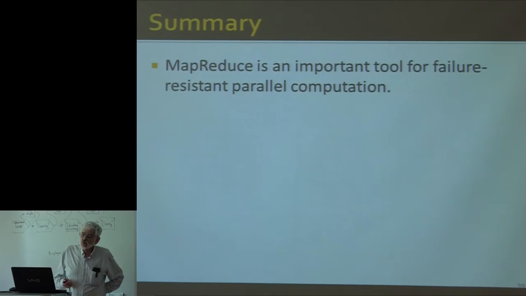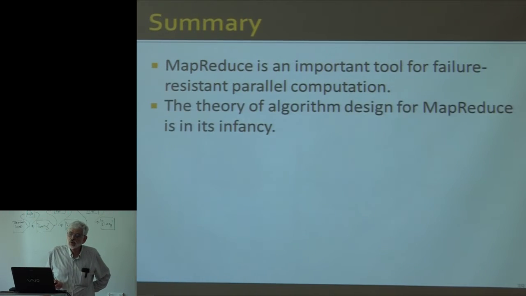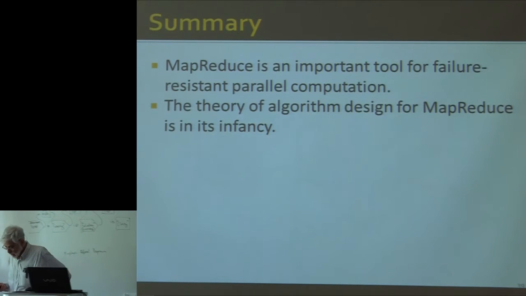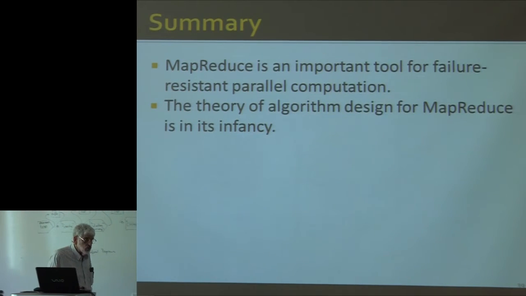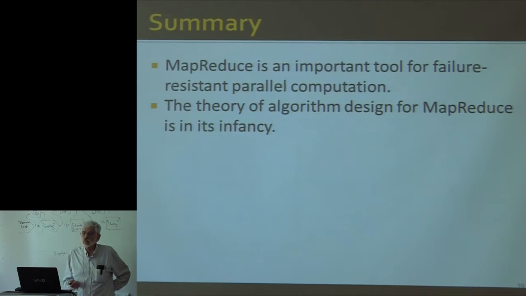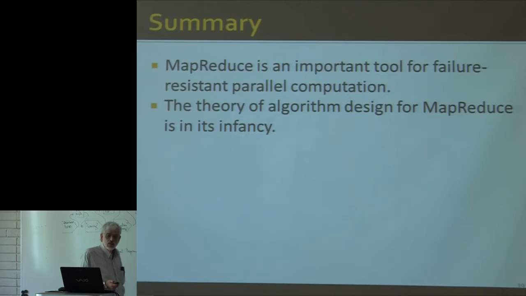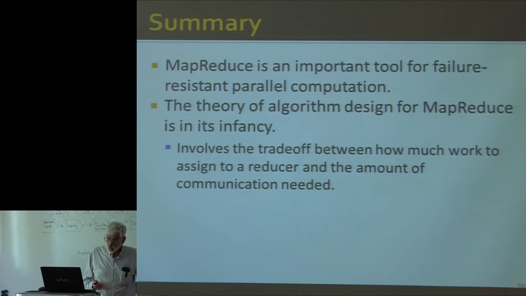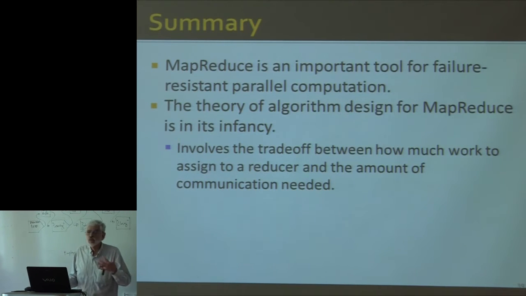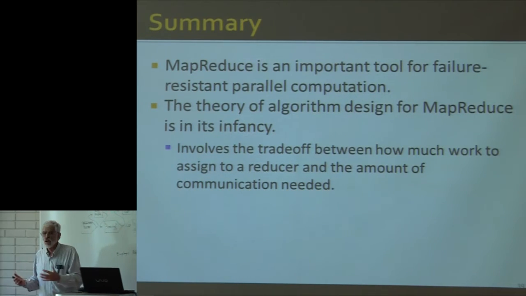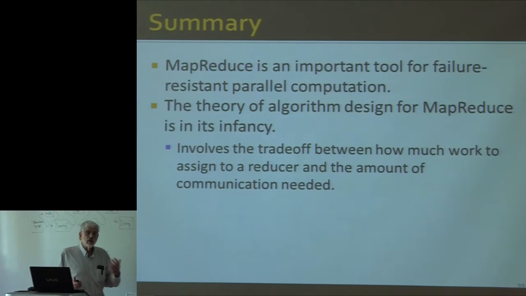Okay, so what do I want to say? Okay, we know MapReduce is an important way to do failure-resistant parallel computation. I think that there is a theory now for how good MapReduce algorithms can be. Obviously, it's sort of at the stage of we know that sorting takes n log n and pretty much nothing else. Okay, the theory for sequential algorithms was just really running time, here it's a trade-off between the reducer side, how much work each reducer gets to do, and the amount of communication you need.